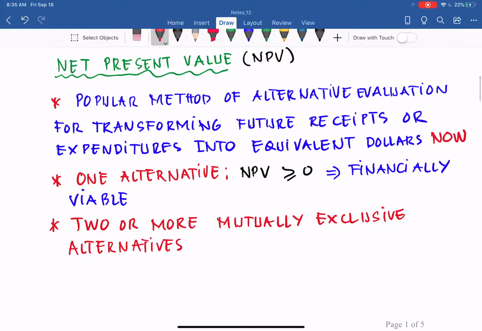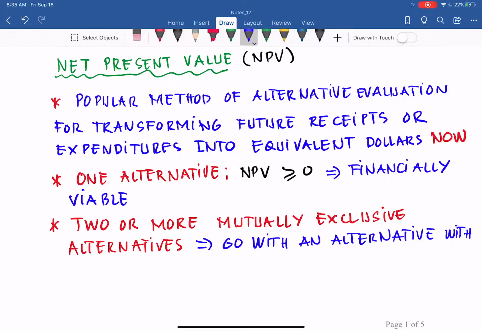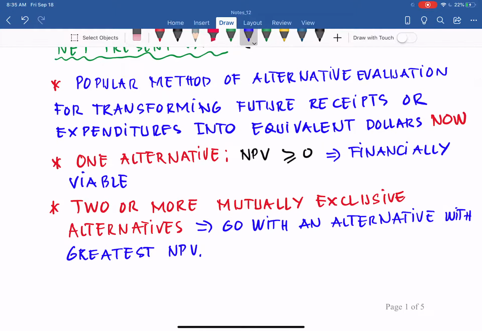Then we go with the alternative with the greatest NPV, net present value. So if we have two or more mutually exclusive alternatives, go with the greatest NPV.